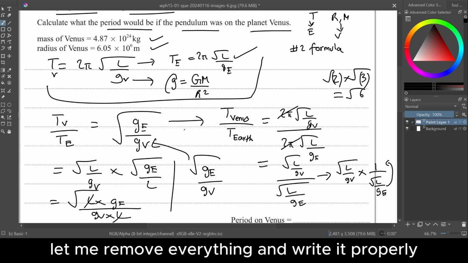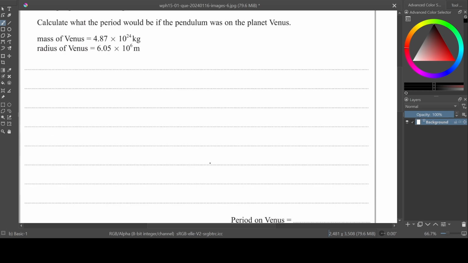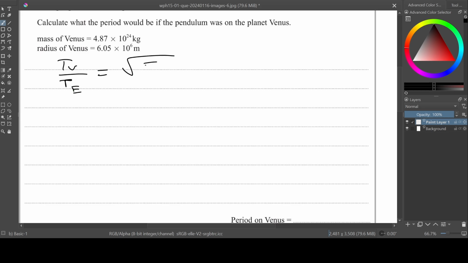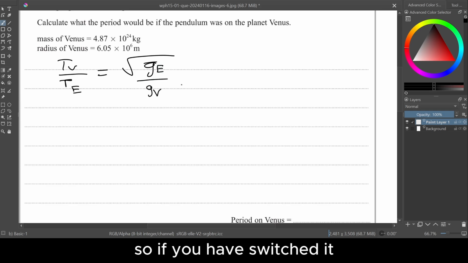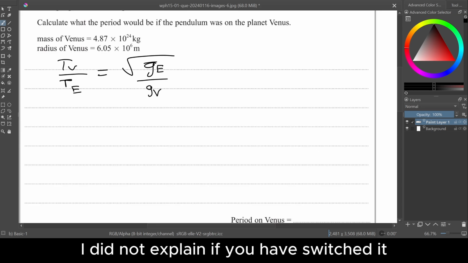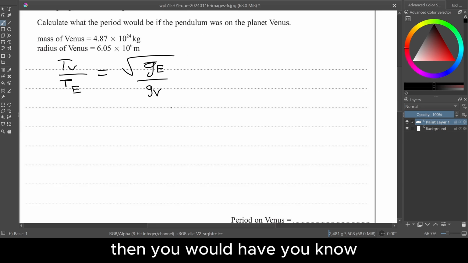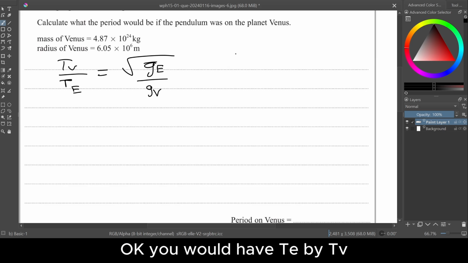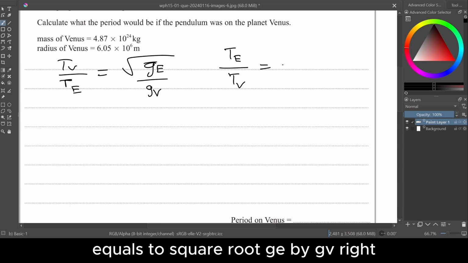Let me remove everything and write it properly. So you have TV by TE equals square root of GE by GV, right? If you had switched it, which I did not explain, you would have TE by TV equals square root GE by GV.